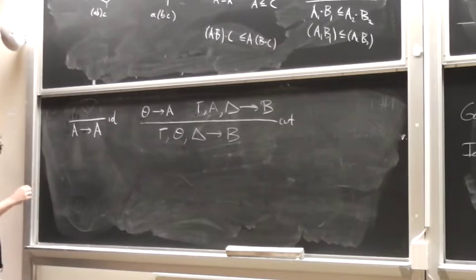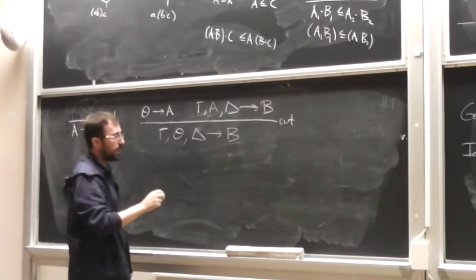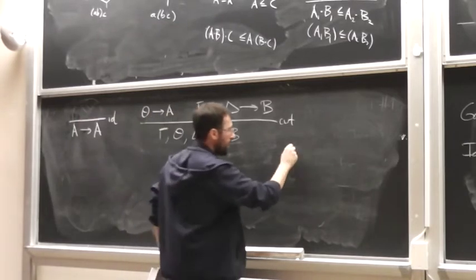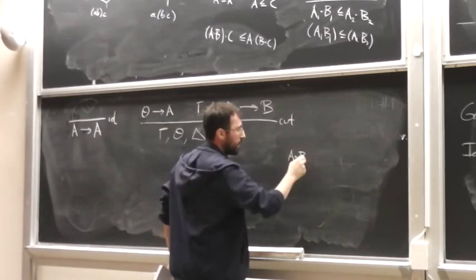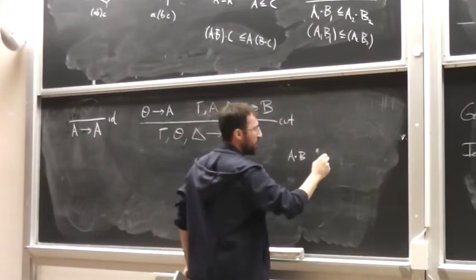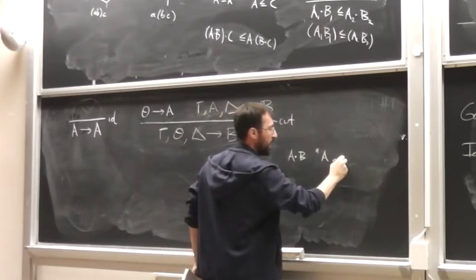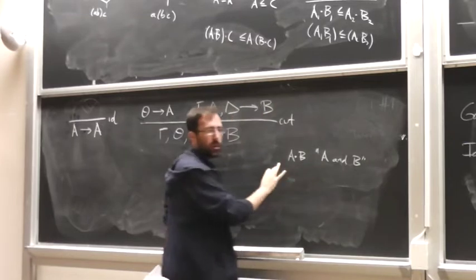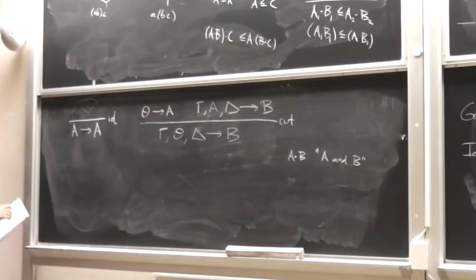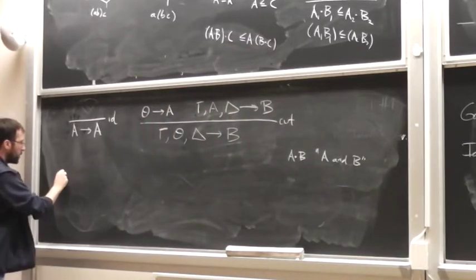Now we have two rules for dealing with the product. We're going to think of A times B as a kind of conjunction, A and B, but it's going to be a very restricted form of conjunction. So what are the rules? There's two rules.